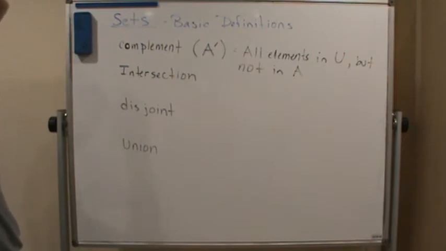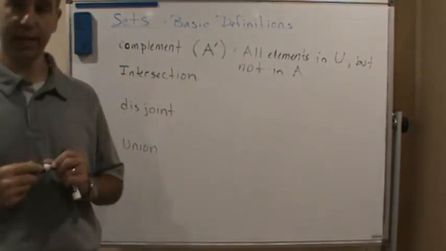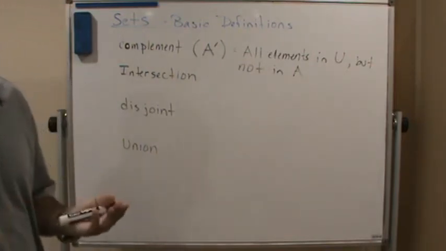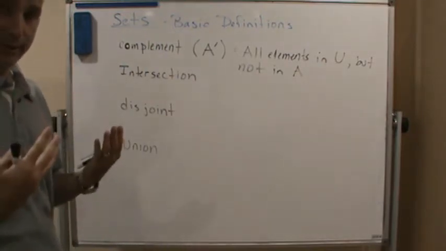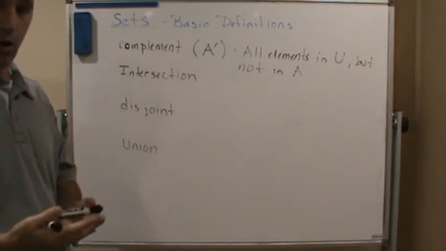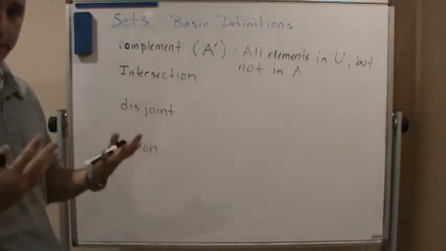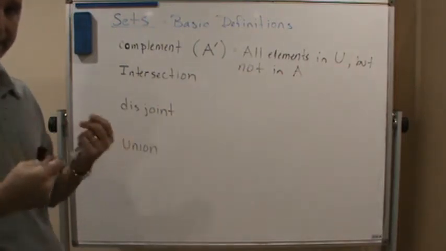Now, when we talk about the intersection between sets, we're talking about all the elements that are in both or all the sets. So it's like an and statement.